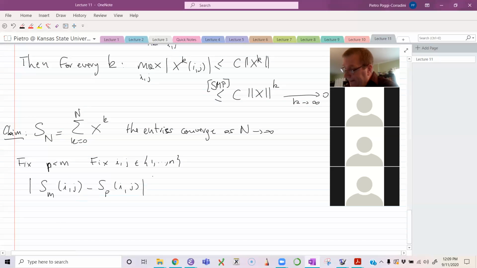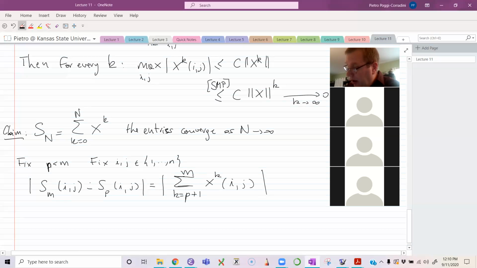So, all right. So remember, these are partial sums. So I actually can write it in sigma notation. This is the sum from 0 to M, and this is the sum from 0 to P. So there's a lot of cancellation, and I can start at P plus 1 and go to M, and then take x^k ij, right?